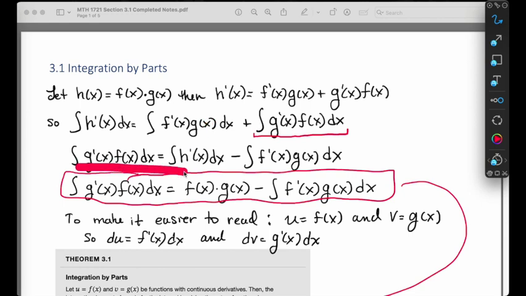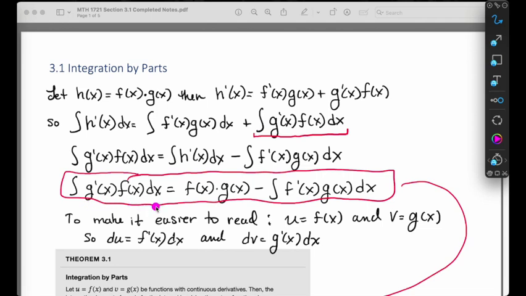If I take the integral of the derivative, I'm just left with h of x. And we defined h of x as f times g, so I'm listing that here.